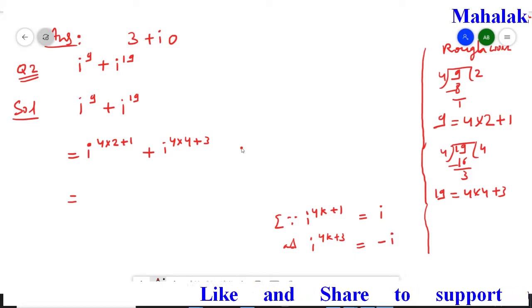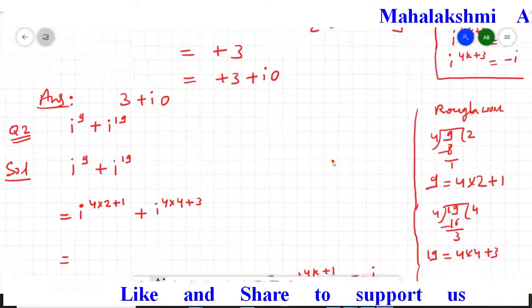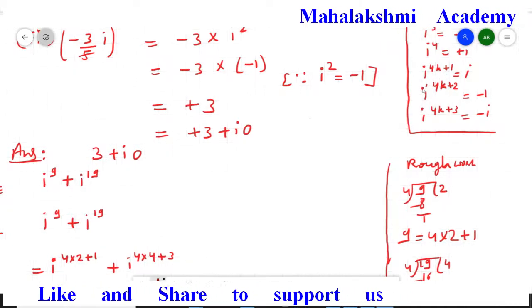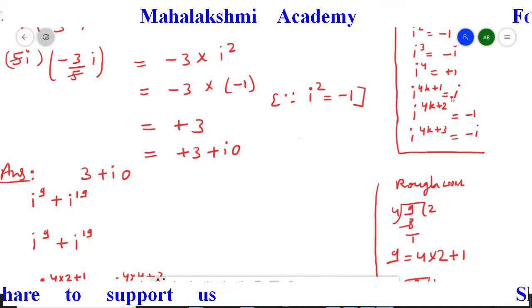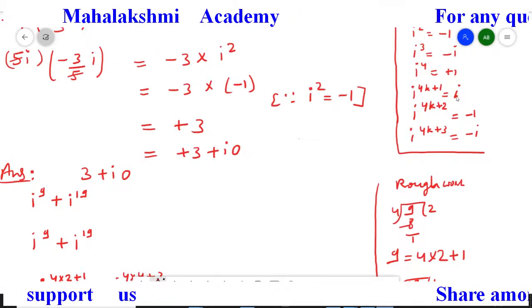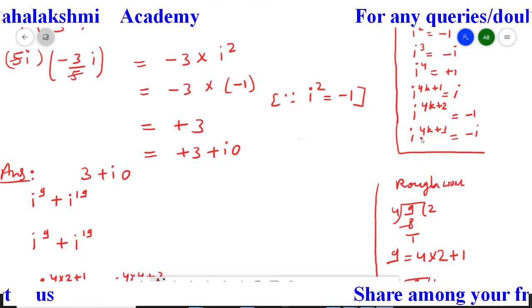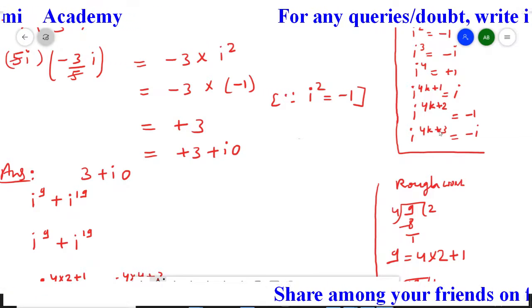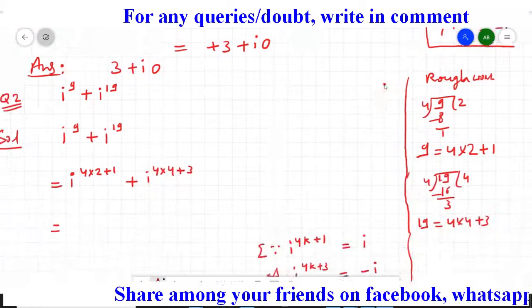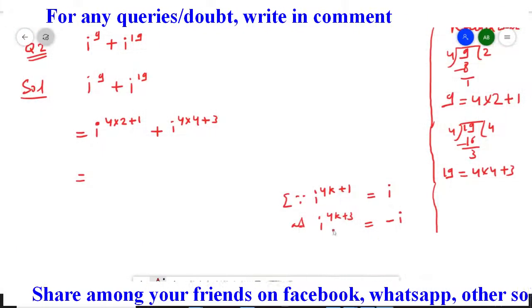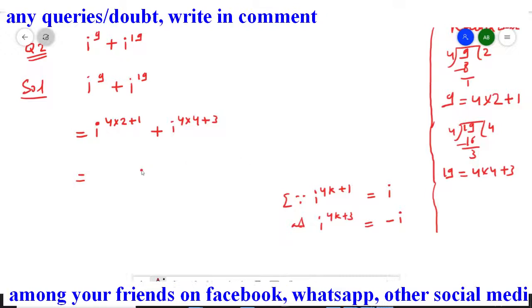I just mentioned here, if we have iota's power 4k plus 1, then its value is only iota, and if we have the power in the form of 4k plus 3, then it's going to be minus iota. So these values you have to learn. These are the formulas. So learn the formulas because we have to use them directly.